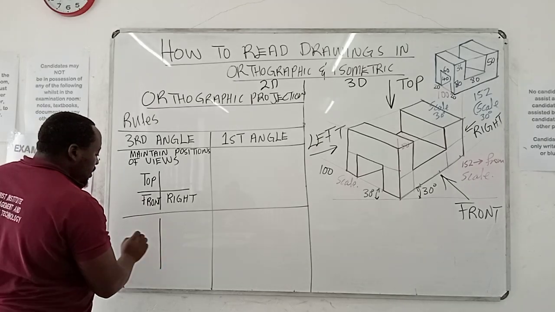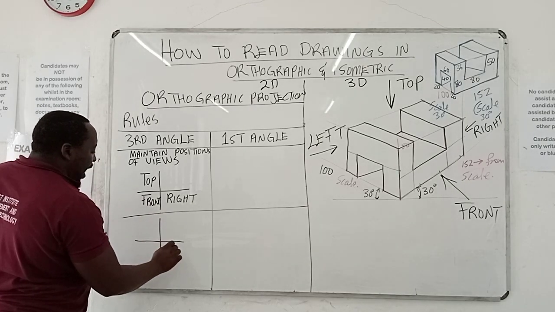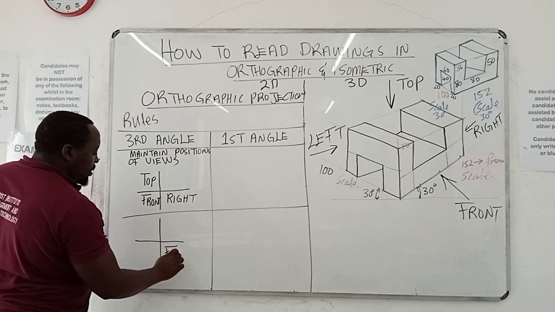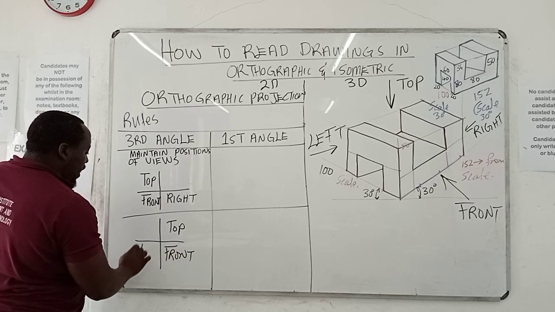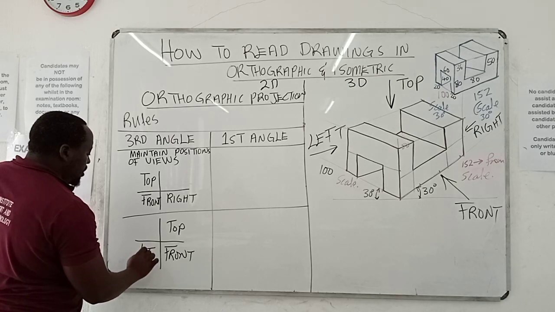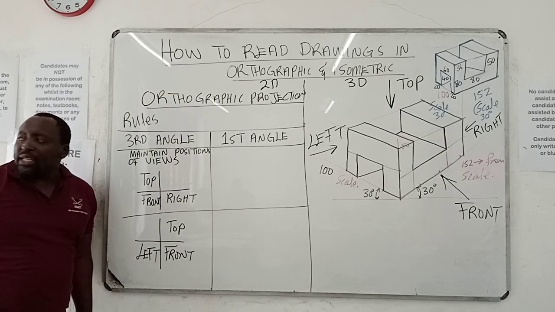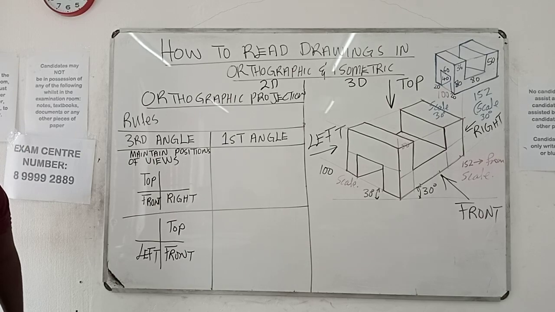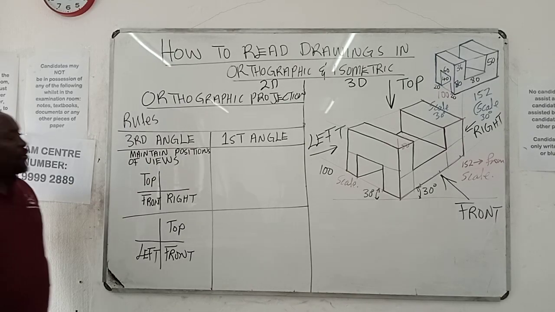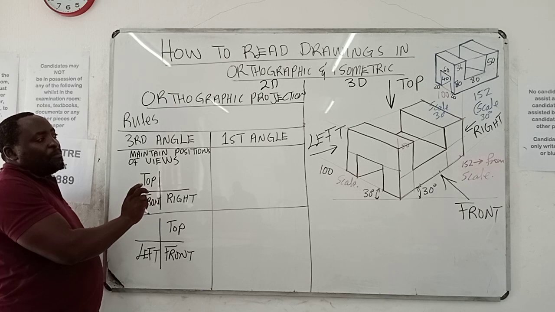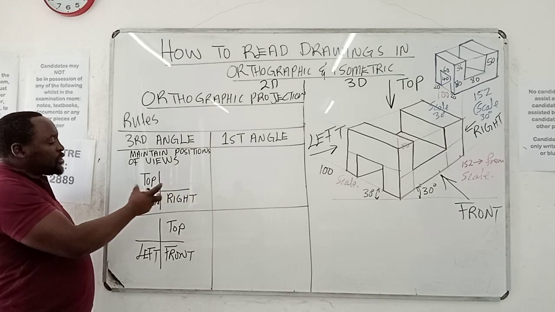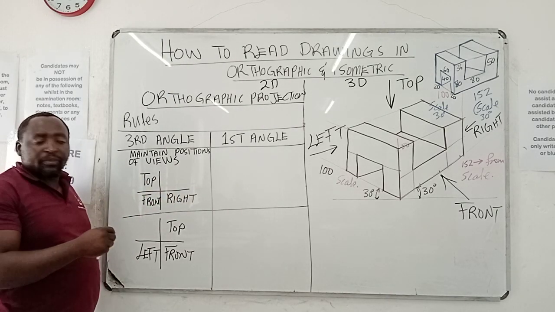Then you have got front, top, left. This is the positioning of your views. Are you there? Yes. Now, we have positioned the views here. I'll show you the sample to say this is how you read them.